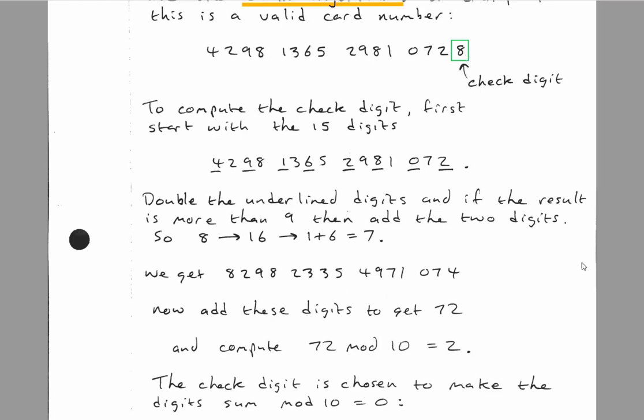So we want to add a digit on the end so that when you add up all these digits, you get something that has remainder 0 when you divide by 10. So that's why the check digit is 8 here.